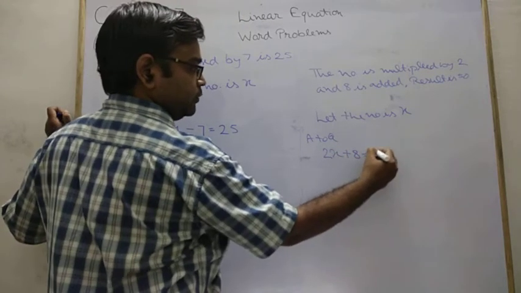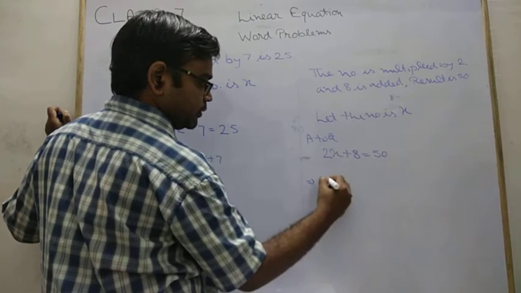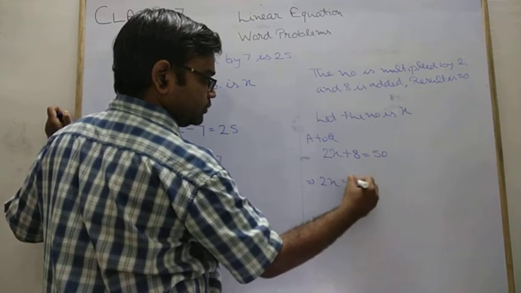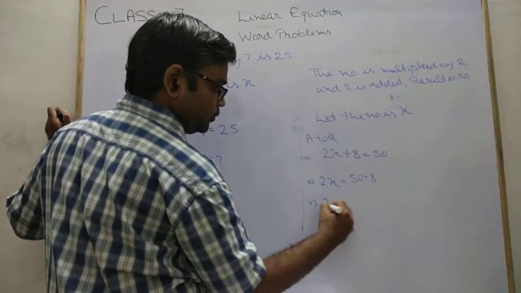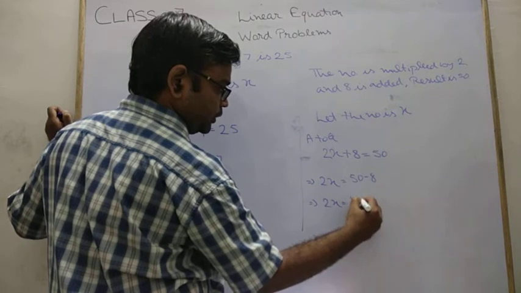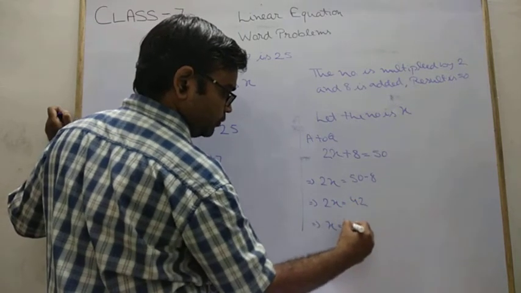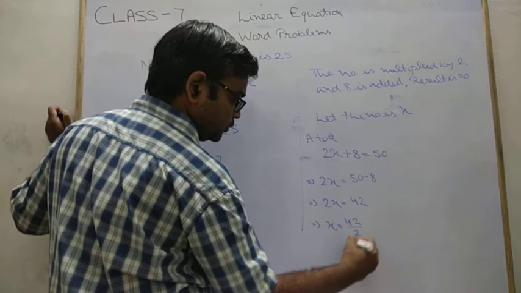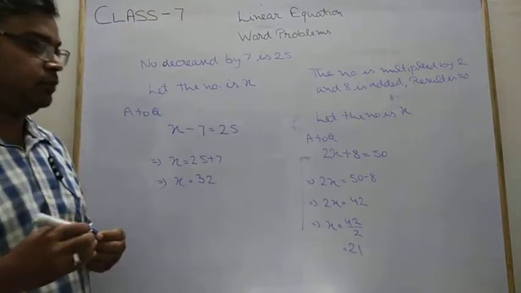The result is 50. Then we will solve this one. 2x equals 50 minus 8, or 2x equals 42, or x equals 42 upon 2, that is equal to 21. This is your number.